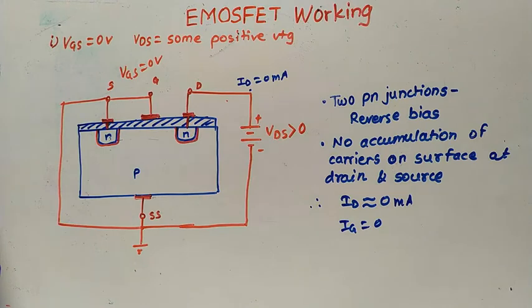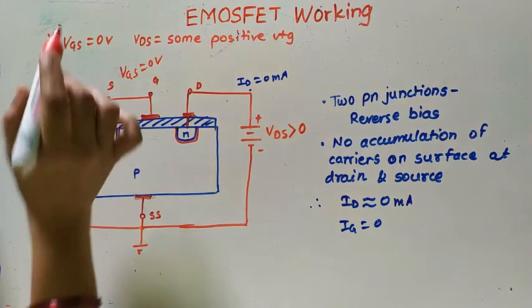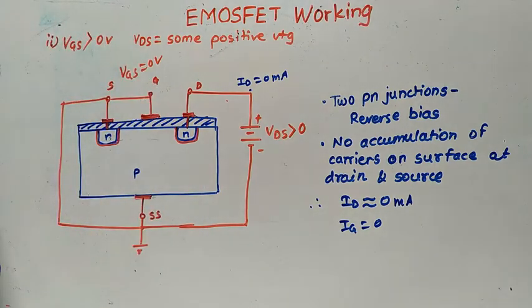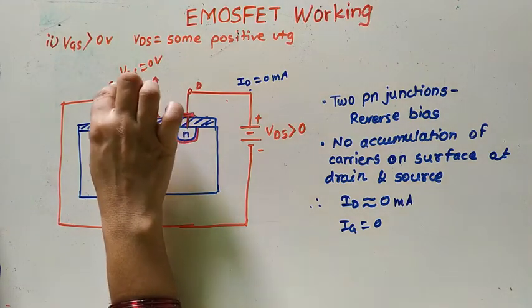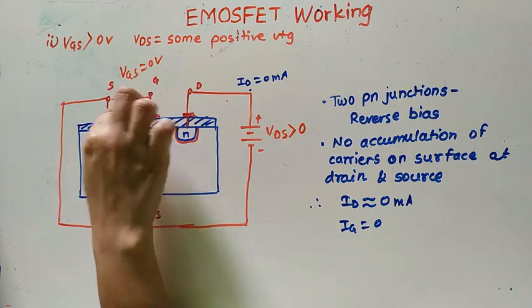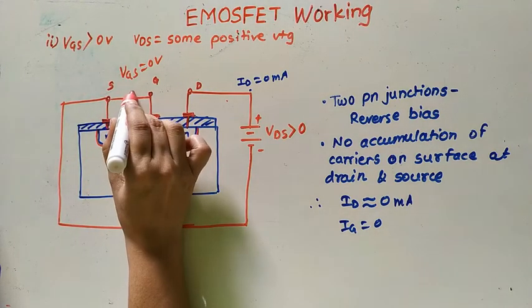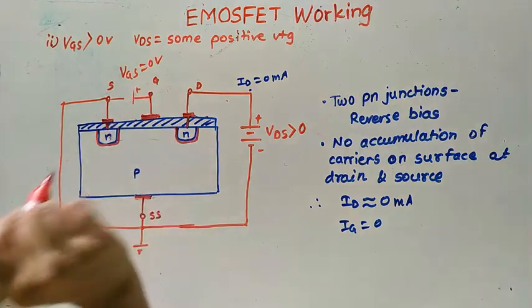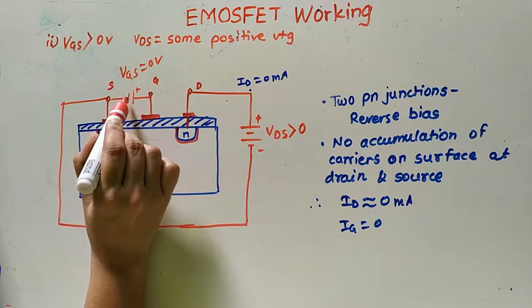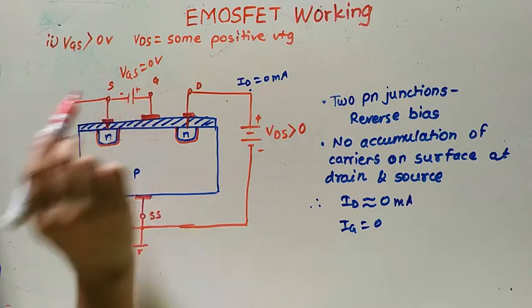Now, we will see the second condition, in which we have to provide the VGS voltage as some positive voltage, greater than 0 volt. For that, between the gate and source terminal we have to provide some positive voltage. So at the gate we provide the positive terminal of the battery, and the negative terminal of the battery is connected to the source terminal.